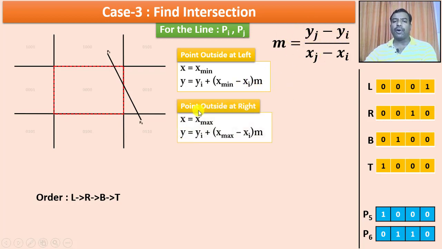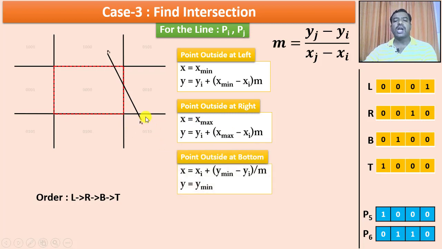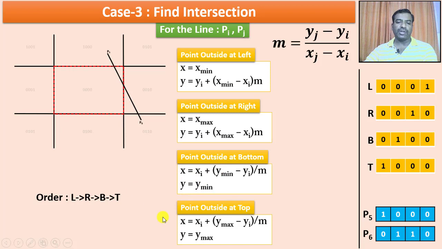And if the point is outside at the right, I am going to use x as x maximum. This is the equation we are going to use. And if a point is outside the bottom, we are going to set y equals y minimum, and find the x intersection point. And if the point is outside the top, we're going to use this equation.